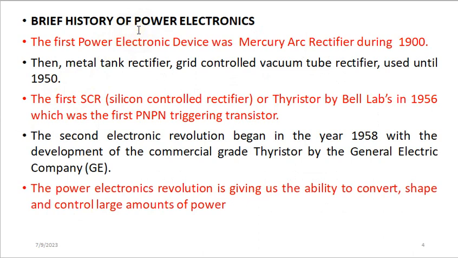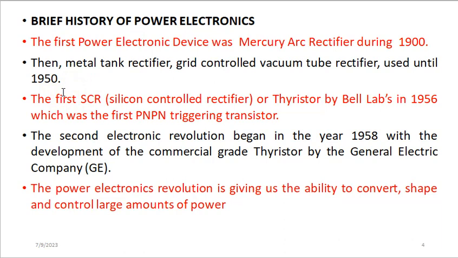Now let us look at a brief history as part of our revision. The first electronic device which was invented and used for application in this area of power electronics was the mercury arc rectifier in 1900. Then other components were invented, which include the metal tank rectifier, the grid controlled vacuum tube rectifier, and similar ones, and they were used from 1900 up to the 1950s.